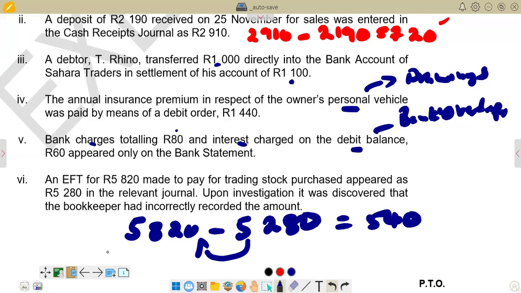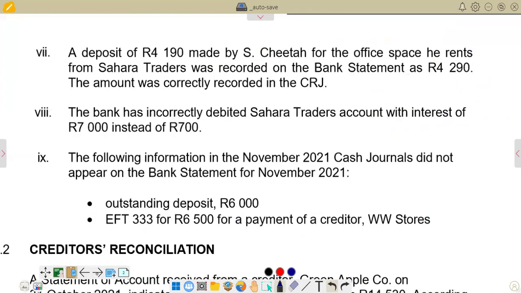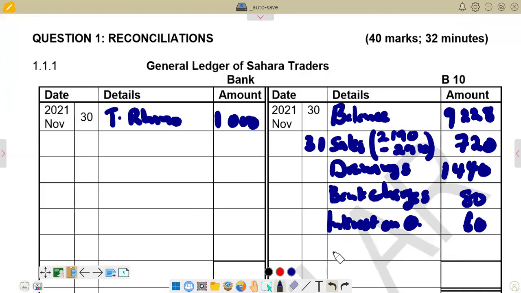So we go on the credit side and we're saying this is trading stock. Then the amount that we have is 540. So we go back again to check if there is any other adjustment that needs to be done.